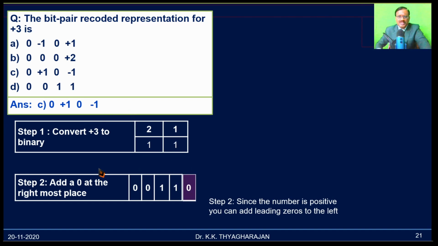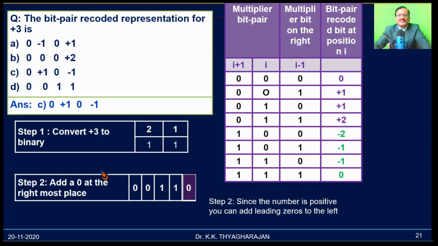Then use the table and encode it. The table is here. You have to remember this table. Encoding is done like this. These 3 bits are now combined 110. 110 means the recoded value is -1. Then these 3 bits are combined.